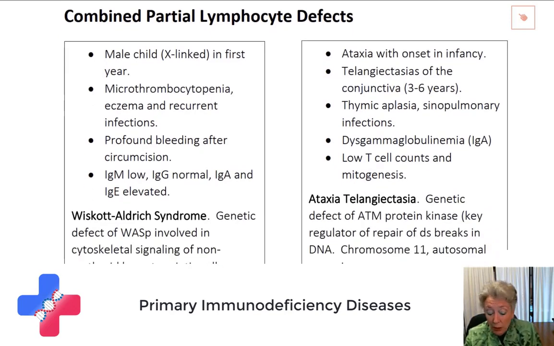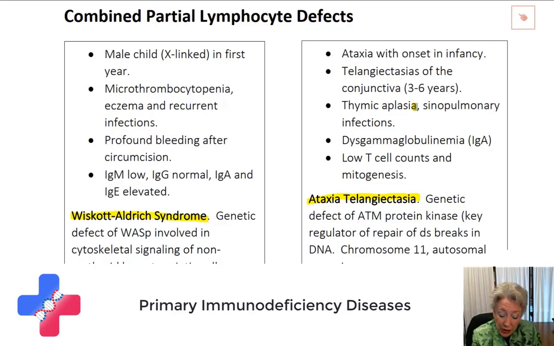As we talk about our combined partial lymphocyte defects, realize we've got Wiskott-Aldrich syndrome and ataxia-telangiectasia, both extremely rare genetic defects that I think probably you would only be asked at the level of identifying the child with the problem.